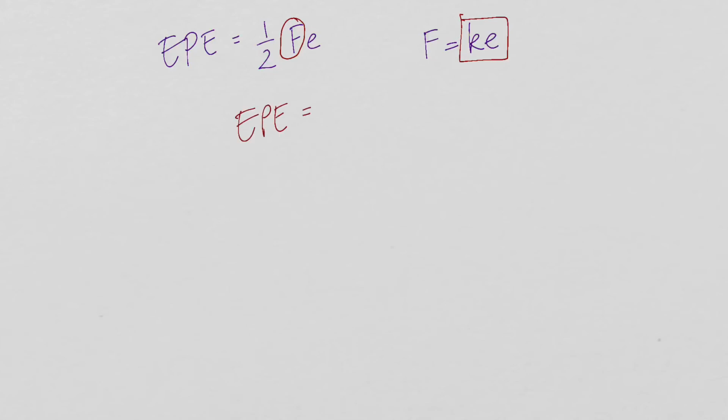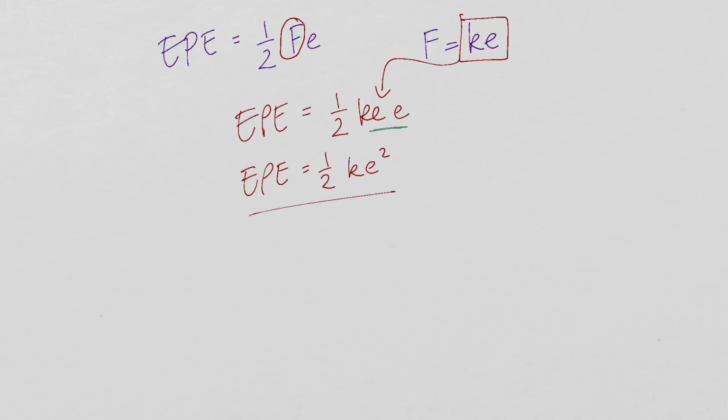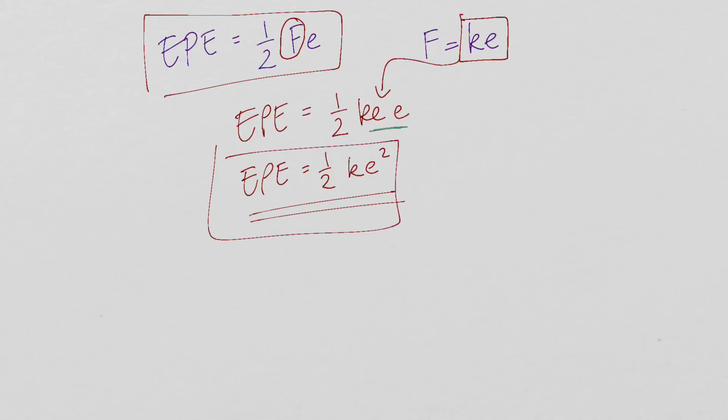So elastic potential energy equals a half ke times e from there, where that is ke. Two e's make a squared. So EPE equals a half ke squared. And that's our equation for elastic potential energy. That's the first one, and this is the second one.